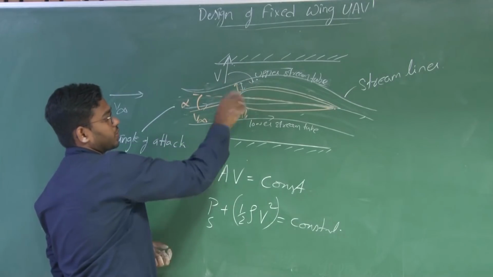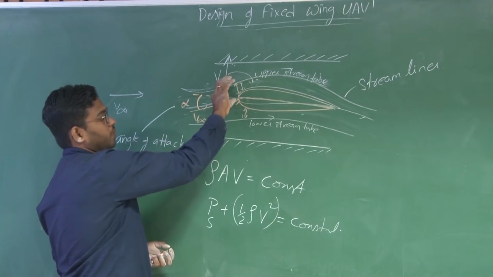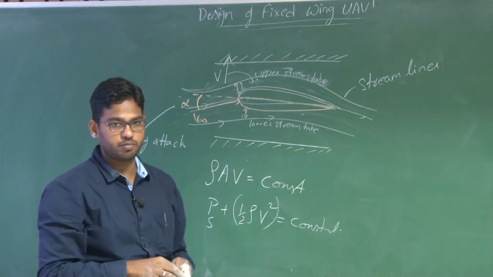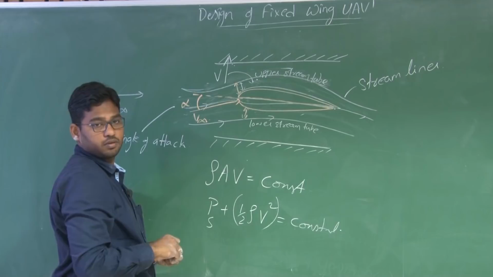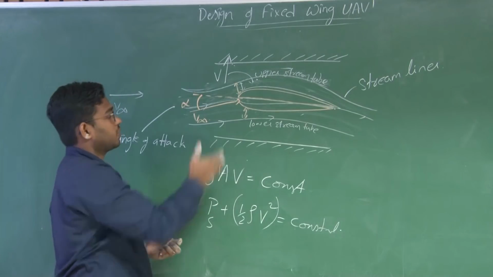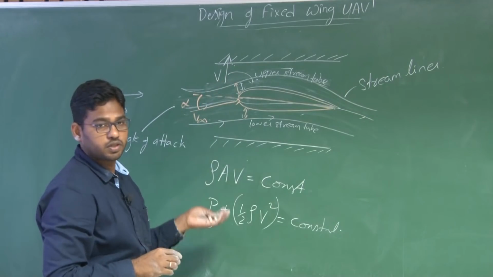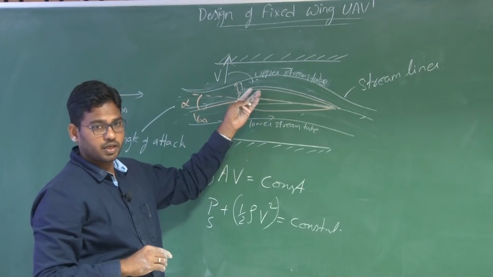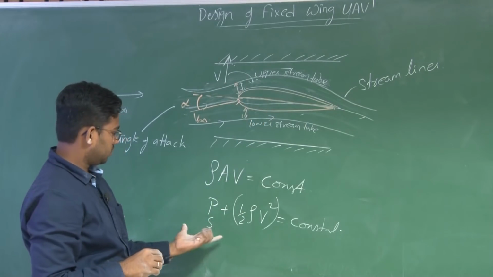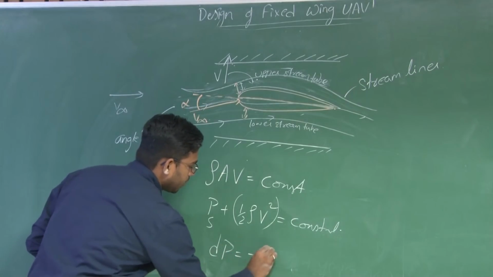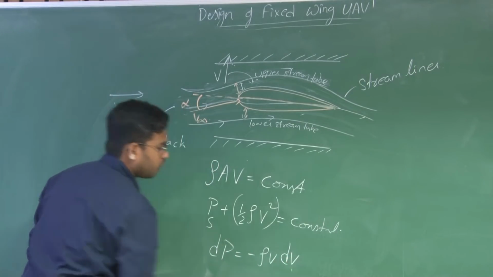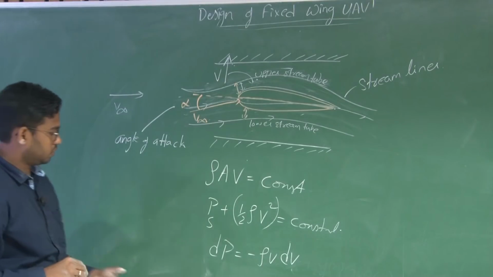curvature on the upper surface, so the upper stream tube will have more curvature compared to the lower stream tube, which eventually results in a greater pressure drop. Why? Because there is a greater reduction in cross-sectional area, which helps to accelerate the flow, and then the pressure drops. It is true even for compressible flows, like dP equals minus rho V dV, the Euler equation.